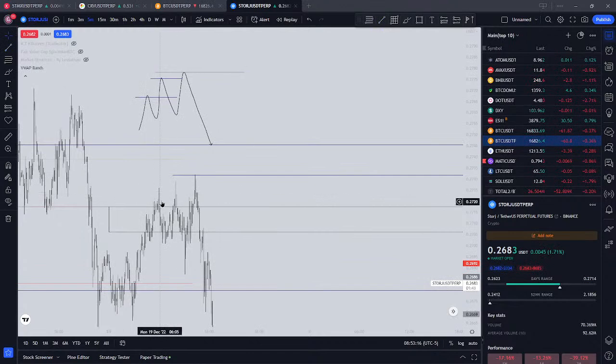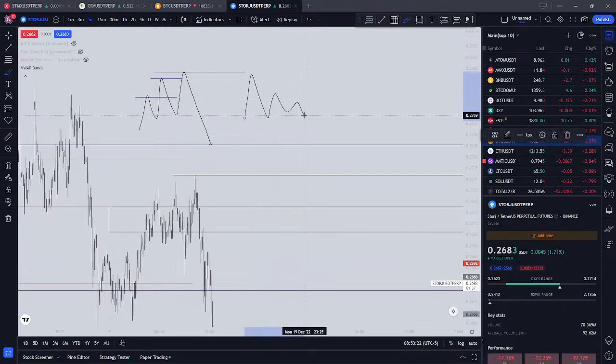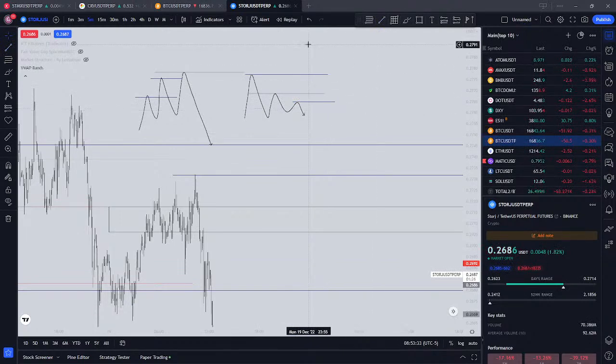So it's already claimed liquidity, whereas if it was something in the opposite way, like this, it would be a great price target as opposed to this, because there's liquidity here, and then liquidity here, and then liquidity here.